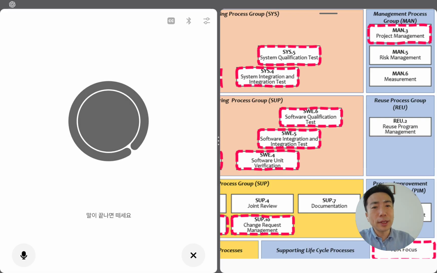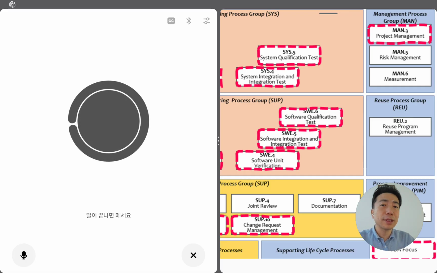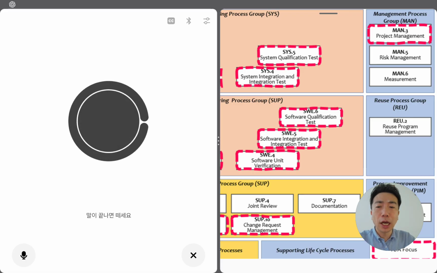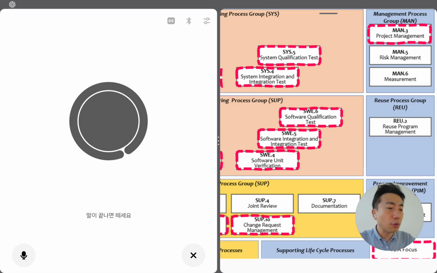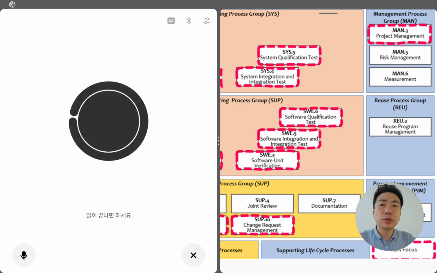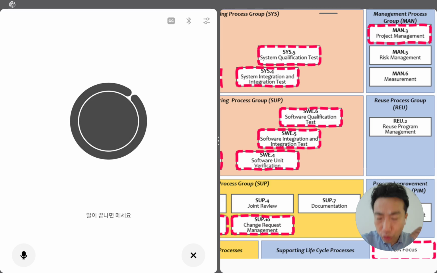I don't remember exactly when it was. I think I can use this sample sentence when I want to explain, when I want to tell my opinion. I'm not sure.